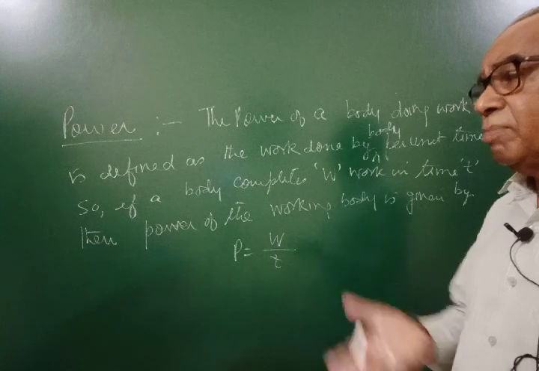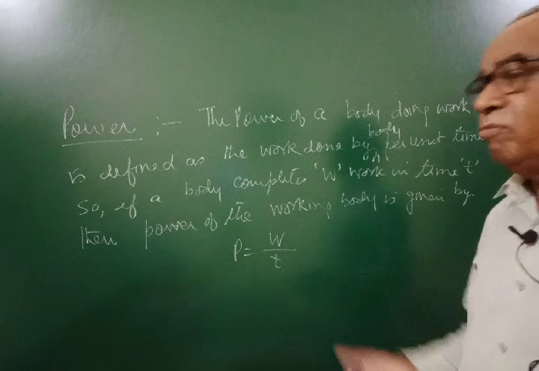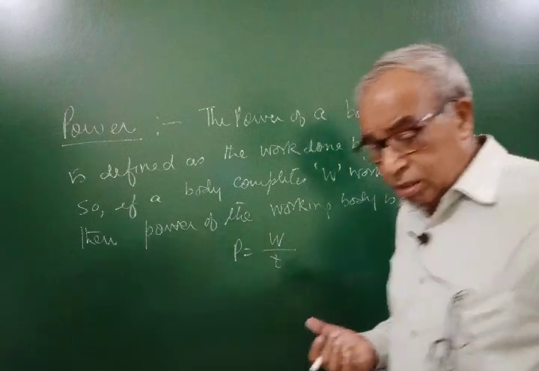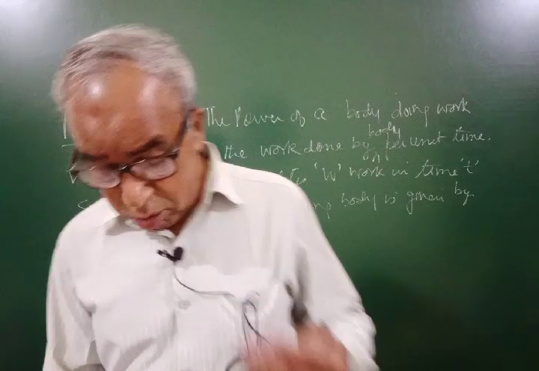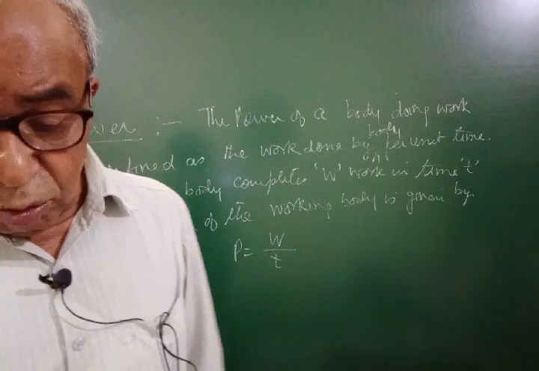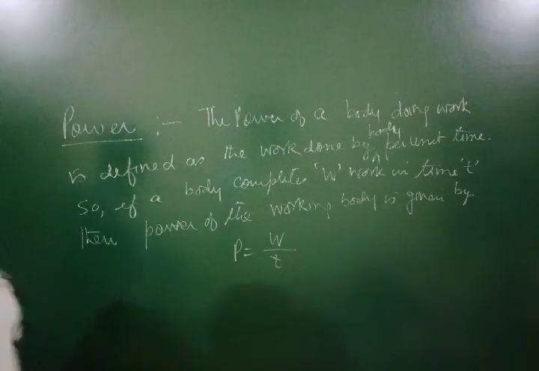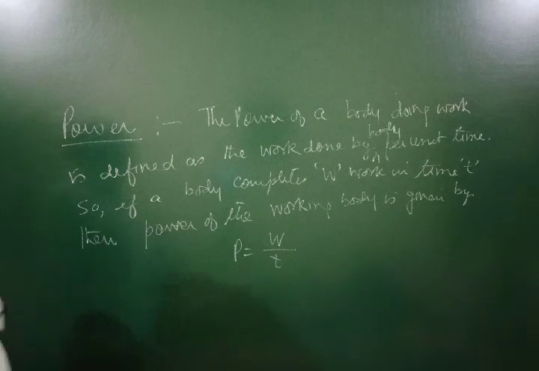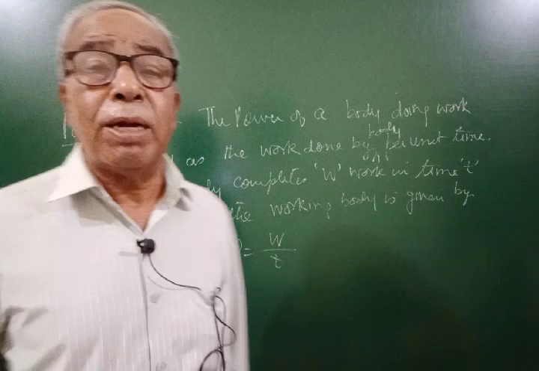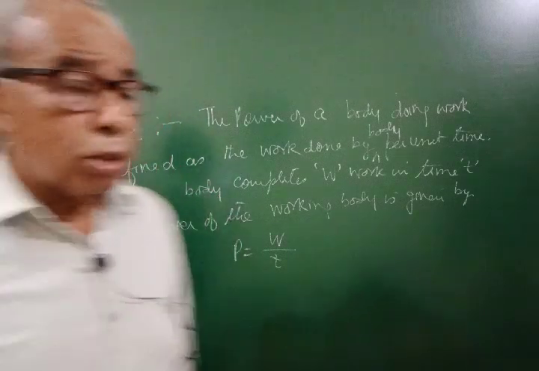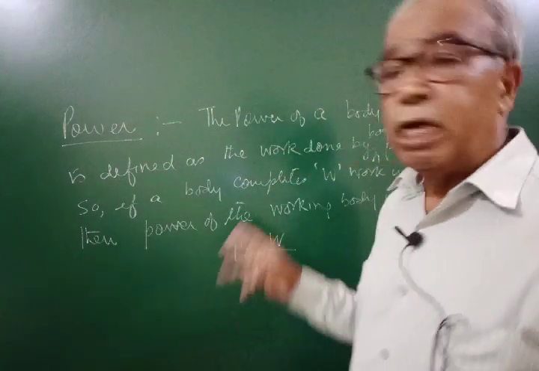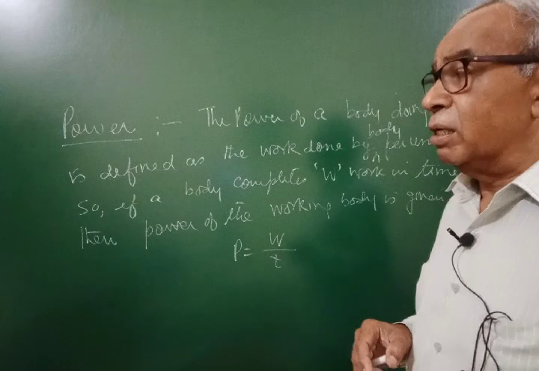Rate may be measured with distance, with time, with number, like bananas, you say 60 rupees per dozen. So that is a number. So it is not correct to say here that rate of doing work is power.